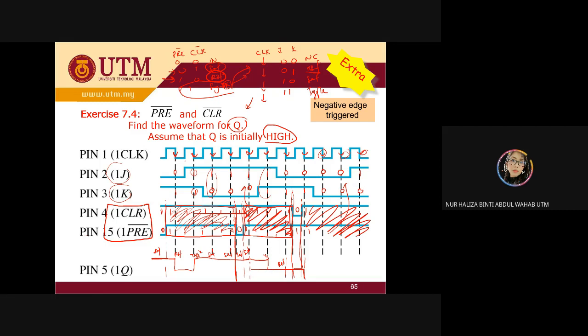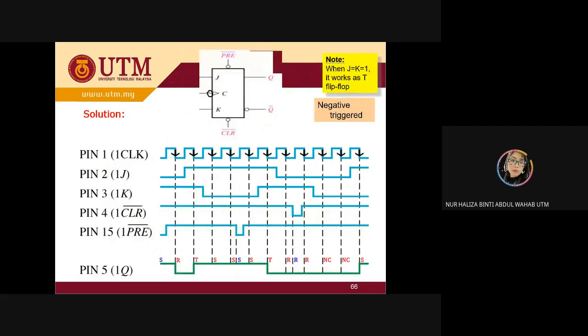If I put the wrong value, here will be 0-1. 0-1 is reset. So it's going to be 0 also. 0-0 no change, 0-0 no change, and 1-0 is set. So that will be my answer. So you can see it's correct from the answer given.